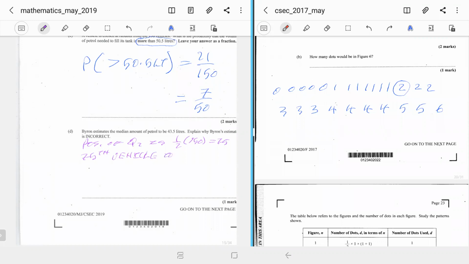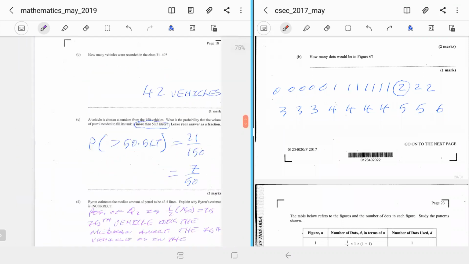took the median amount, I'm going to say the 75th vehicle is in the, tell them the range now.